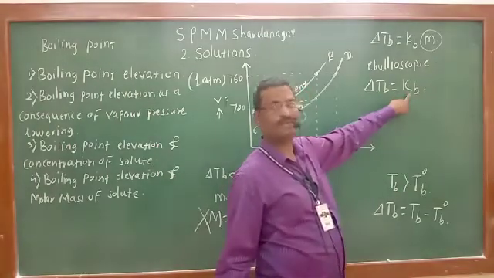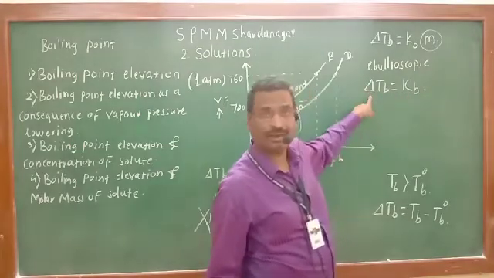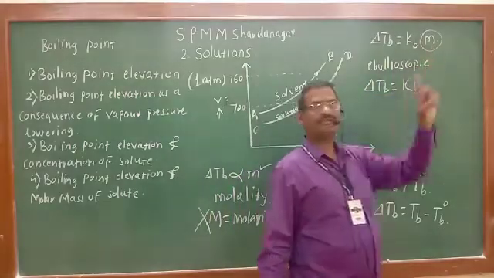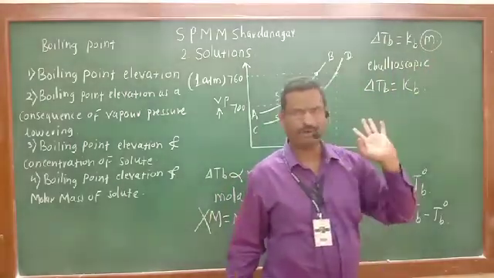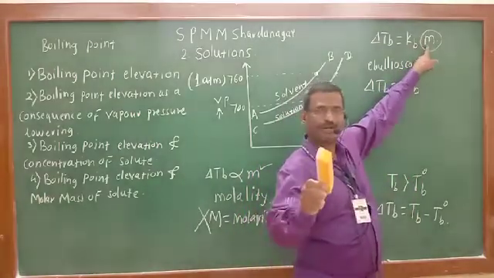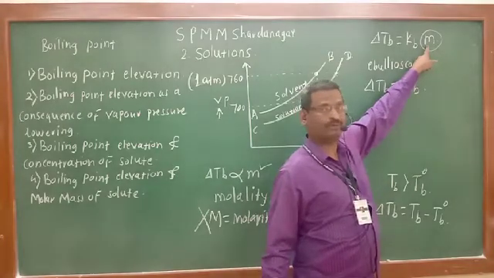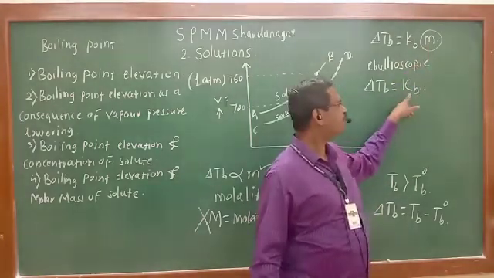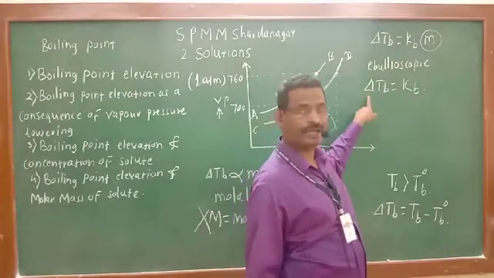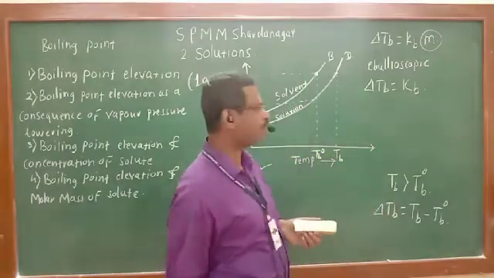Ebullioscopic constant is defined as elevation in boiling point whenever 1 mole of solute is dissolved in 1 kilogram solvent. 1 mole solute in 1 kilogram solvent is known as 1 molal solution. Molality is 1. So ebullioscopic constant is nothing but the elevation of boiling point whenever 1 mole of solute is dissolved in 1 kilogram of solvent.